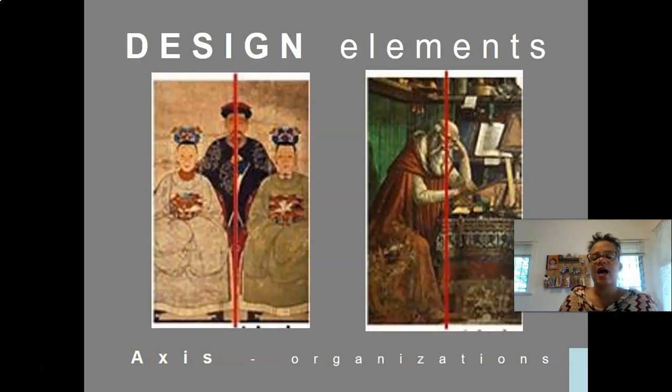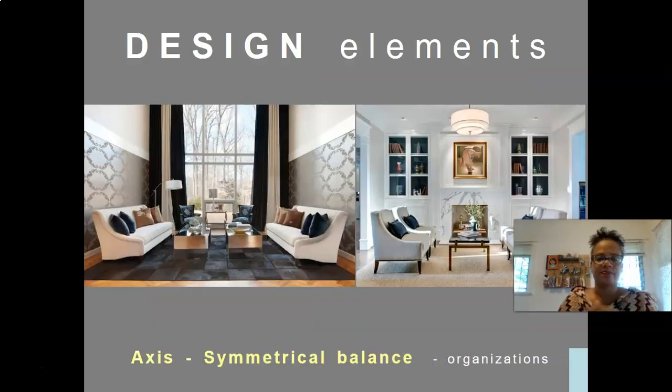Axis is how I can determine if something is symmetrical or asymmetrical. So this red line is my axis. If this image is symmetrical, I'll fold it and the two sides will match. If this is my axis and I fold the two sides and it doesn't match, then it is asymmetrical. But axis is the line that you are measuring from.